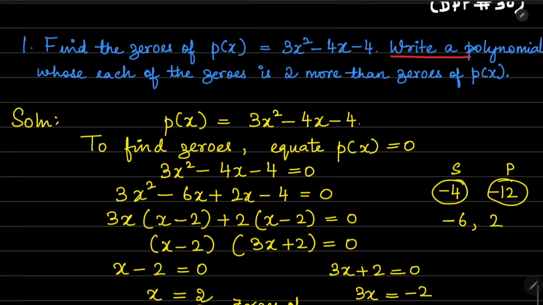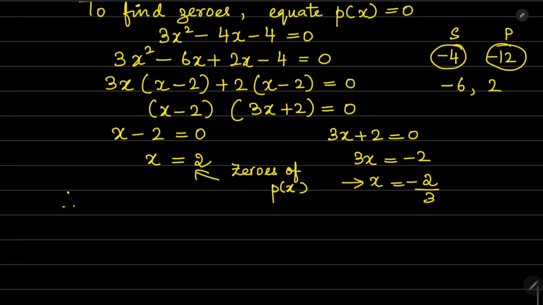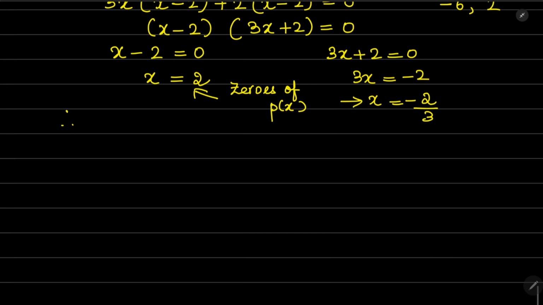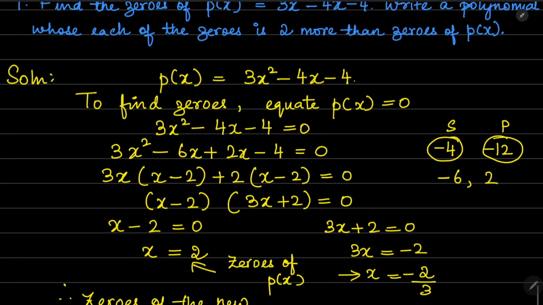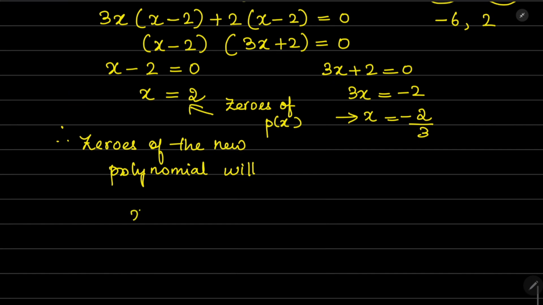What is the question asking you? Write the polynomial whose each of the zeros is 2 more than the zeros of the polynomial. So what will be the zeros of the new polynomial? Write down, therefore, the zeros of the new or the required polynomial will be, it is 2 more than the zeros, so you can add 2.